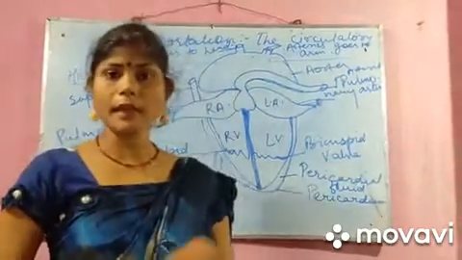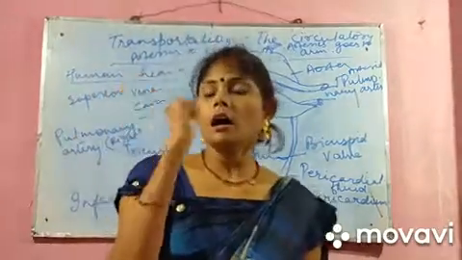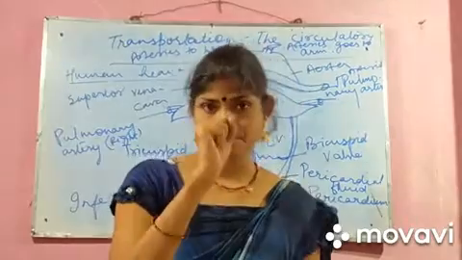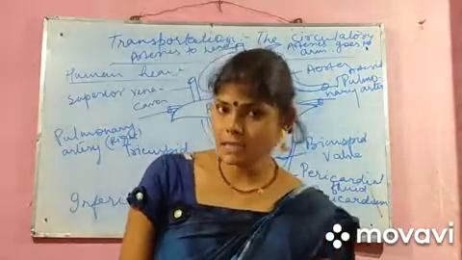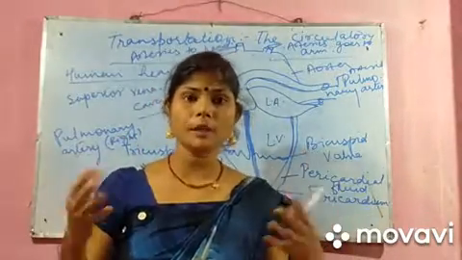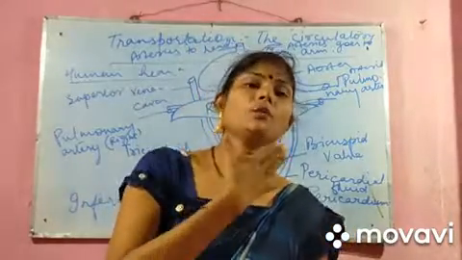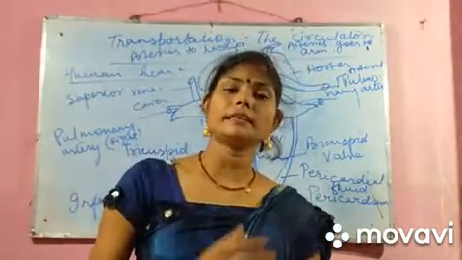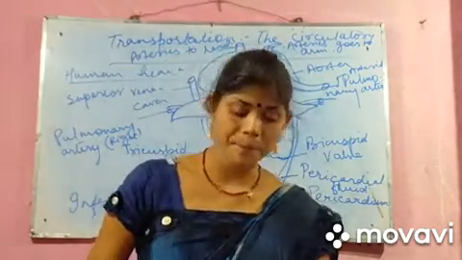Again we will recall that human heart is somewhat the size of a closed fist. It is in the middle between the right lung and left lung, but the apex is tilted left side, so we say that heart is somewhat left side in our body.